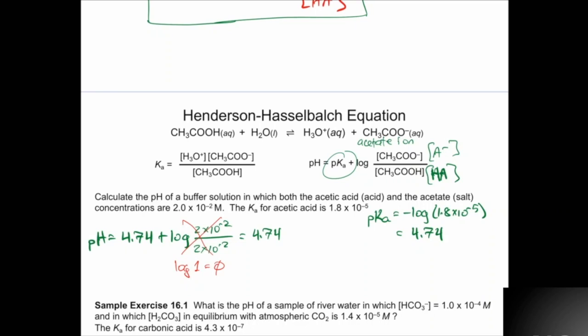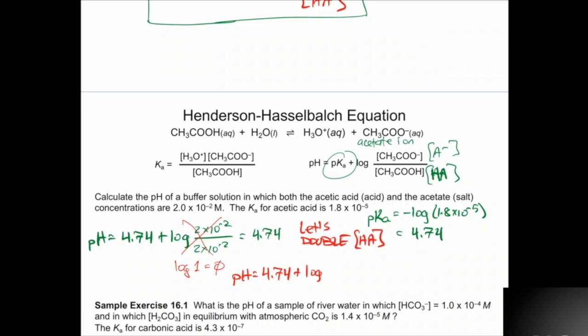Now, let's have some fun with this. Let's double the amount of acid that we put in here. Let's double the HA concentration. What are we going to get now? The pH is going to be equal to the pKa, which is 4.74, plus the log of, now the acetate ion is still the same.